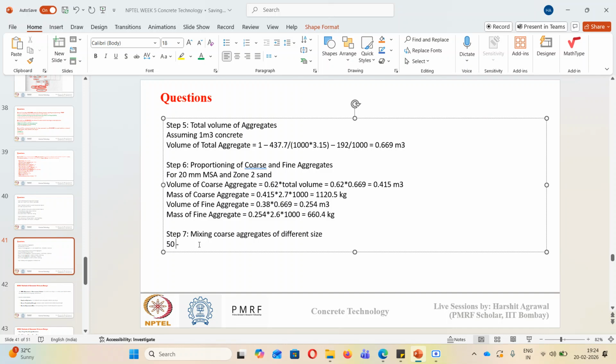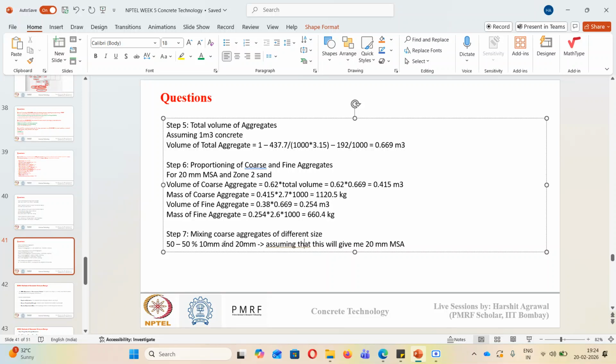We may take 50-50% proportion of both 10 mm and 20 mm passing aggregate. That is what we are assuming here, and we are assuming that this will give me 20 mm nominal maximum aggregate size.